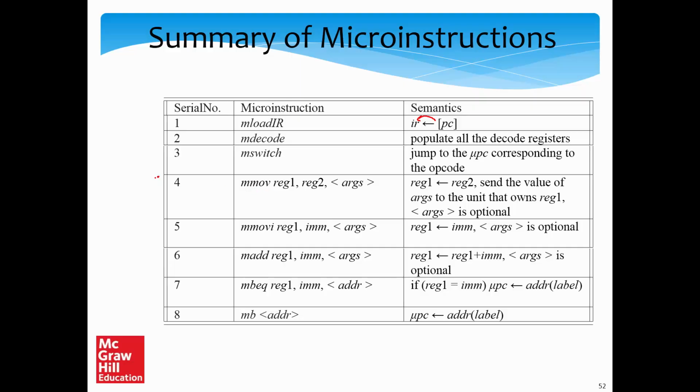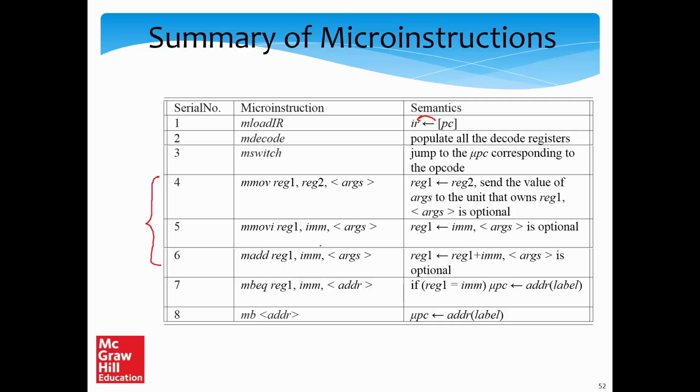Then we define 3 instructions which actually use the arguments, and they can have different variants with or without arguments. But let's assume that even if arguments are not there, it's still part of the same generic variant. For example, in the mmove micro instruction, which takes a register 1 and a register 2, we set the contents of register 1 to the contents of register 2.